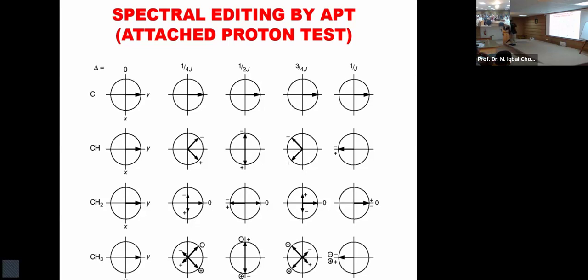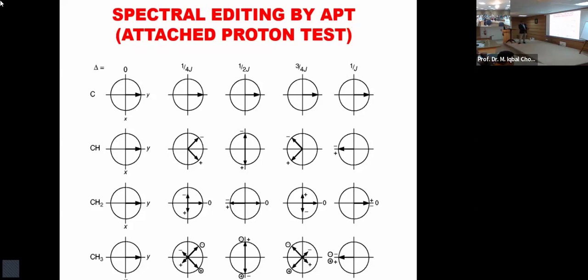And after some time, when you capture the picture, you turn on the detector, you see them in different conditions. CH3, because of a faster Larmor frequency, has completed 1.5 circles. CH2 has completed 1 circle, came back here. CH completed only half a circle, and carbon is at Y anyway.